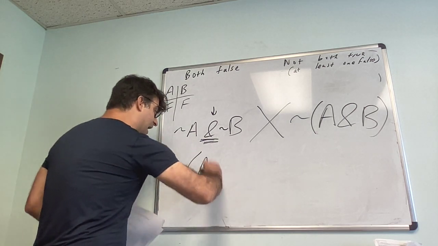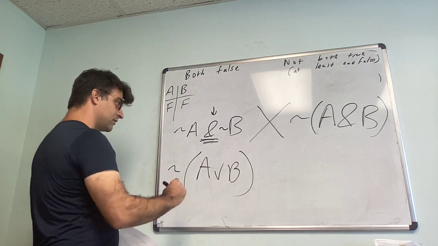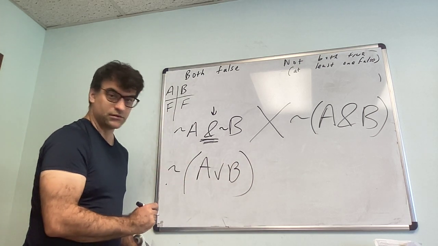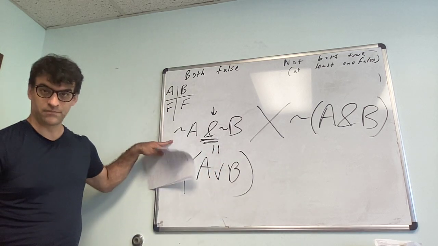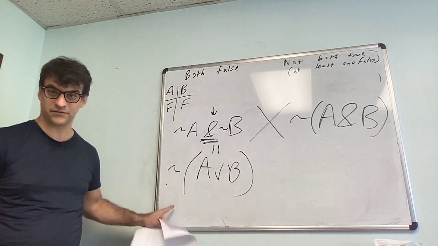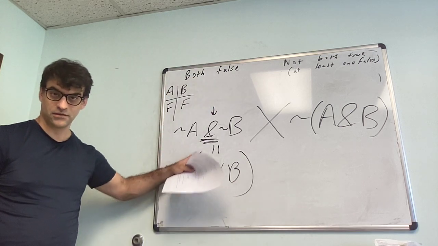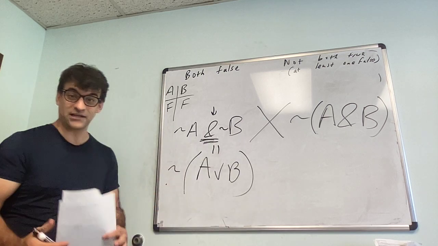Are either Ann or Bob here? No. Neither one is here. Both false, neither one true. That's equivalent. Okay? This goes with this.